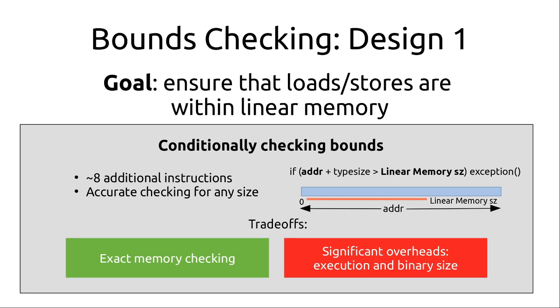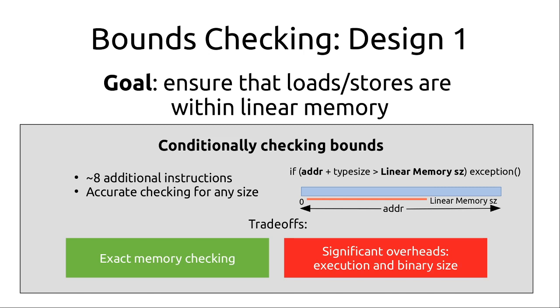So, we've investigated how to do multiple different styles of bounds checks, and I'd like to walk through a few of those here. The first design that we studied is in some ways the most straightforward, and its goal is to ensure that loads and stores within the sandbox remain within the linear memory or trigger an exception otherwise.